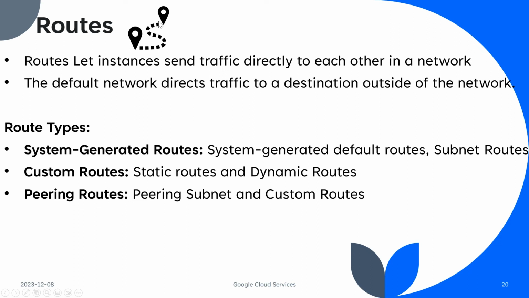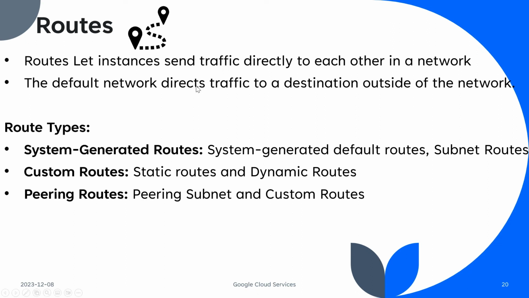If there is a road, if there is a route, then you go, right? If there is no route, you can't reach point B. Similarly in the network, when a VM instance wants to talk to another VM instance, there has to be some route. How does the VM know which route to take to talk to VM2? Understood? That is why the routes are there.